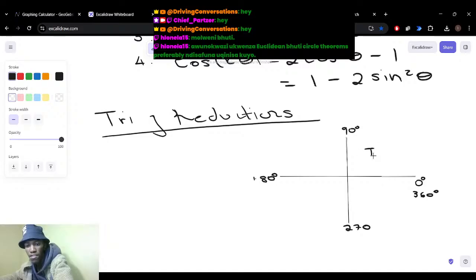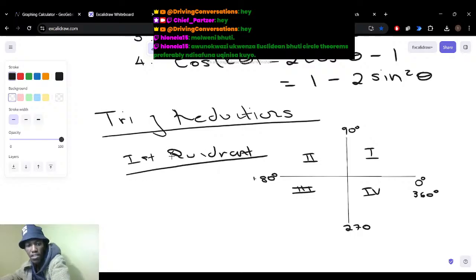This is the first quadrant, second quadrant, third quadrant, and fourth quadrant. Right? So, the first quadrant.